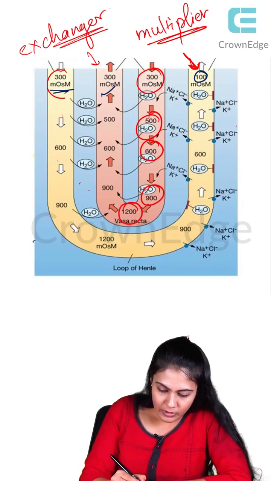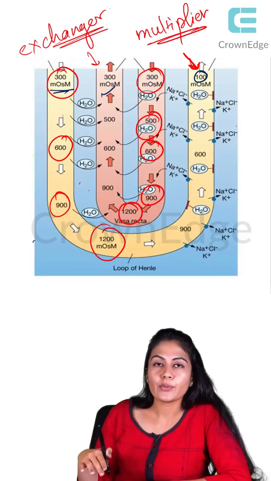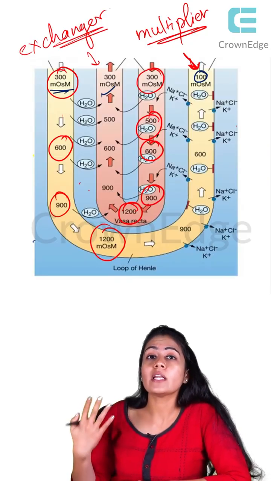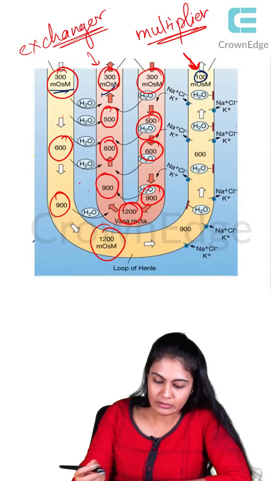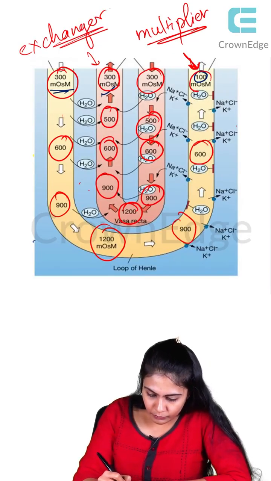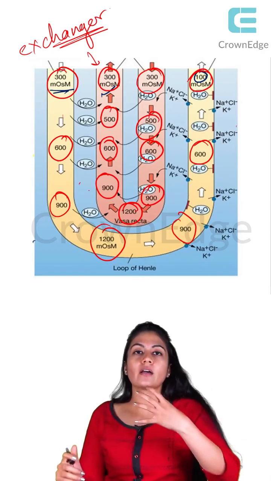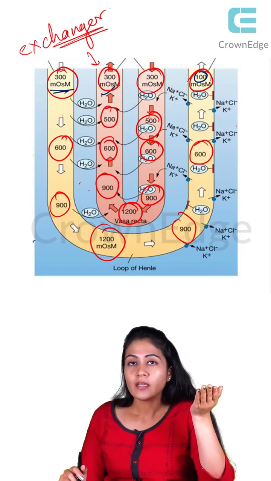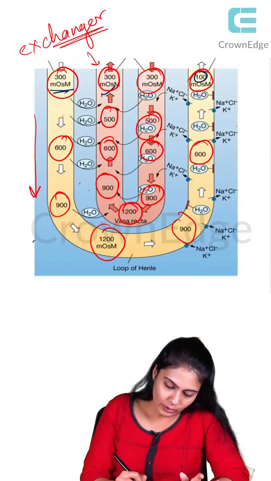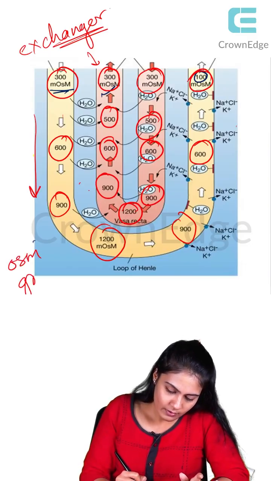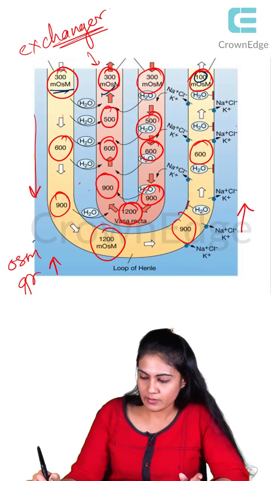Similarly, as the loop of Henle or vasa recta goes down into the medulla, the osmotic gradient will increase. And as they come out, 900, 600, 500, 300, and similarly in the loop of Henle also, as they start to come out into the cortex, the gradient of osmosis will decrease, right? So as you go deep, the osmotic gradient increases. As you go up, the osmotic gradient decreases.